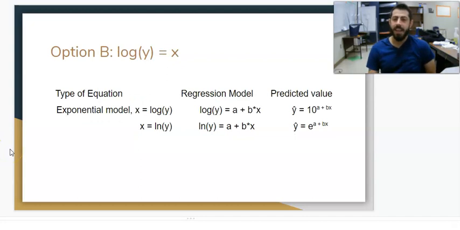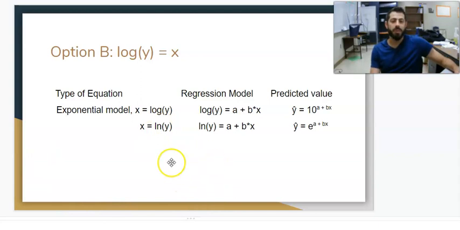If it is an exponential model, remember, an exponential model is y equals e to the x. Now, if you remember, e to the x is the inverse of the natural log of x. So if we want to undo having an exponent as our variable, then we can take the natural log of both sides, and that would get rid of it for us.